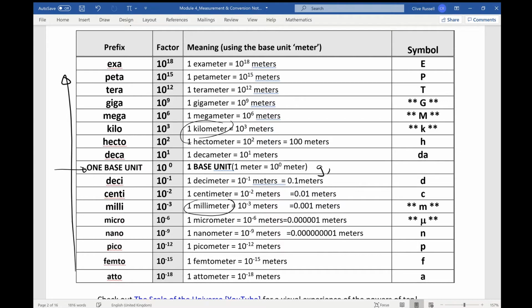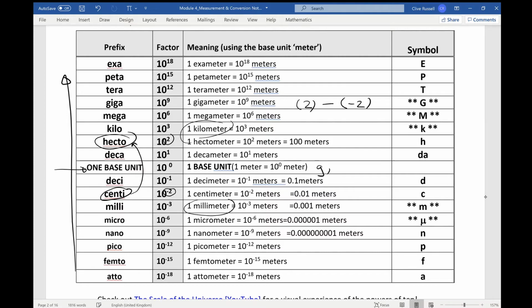Let's say we wanted to know how many centimeters are there in a hectometer. So we're going from centi to hecto. The easiest way to do it is to look here. You see a -2 there, okay? And you will see a 2 there. So you take the topmost one and subtract the bottom one.